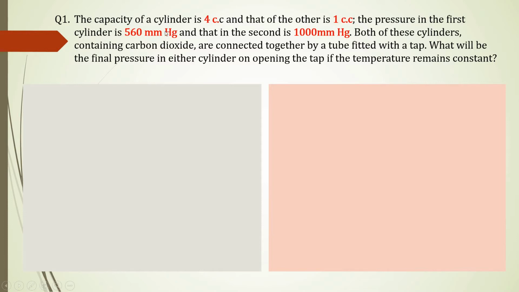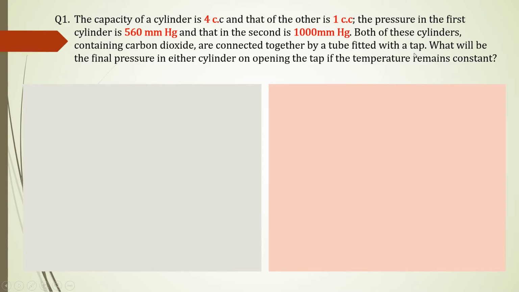The pressure in the first cylinder is 560 millimeter mercury and that in the second cylinder is 1000 millimeter mercury. So these are the two initial conditions in the two cylinders. Both of these cylinders, containing carbon dioxide, are connected together by a tube fitted with a tap.